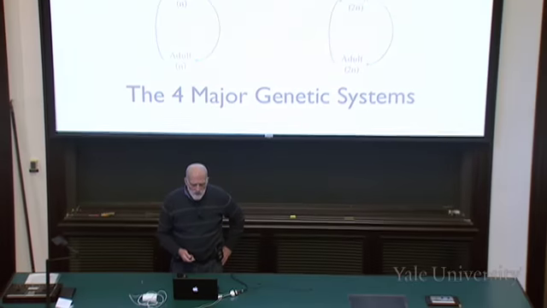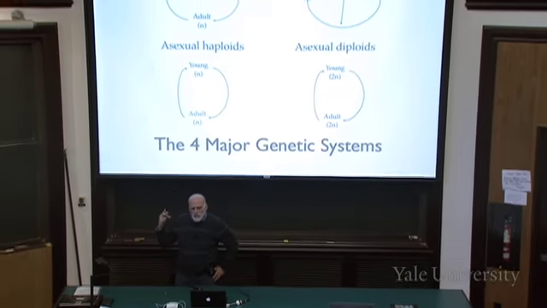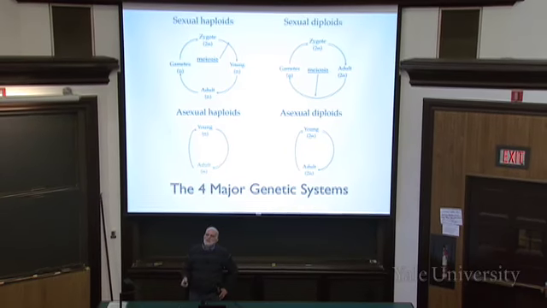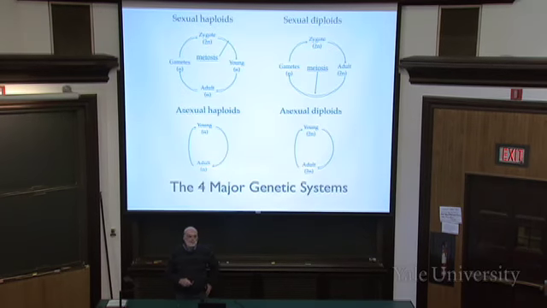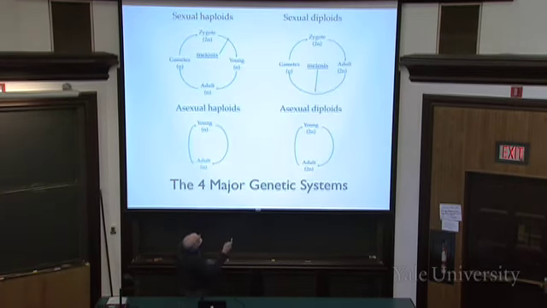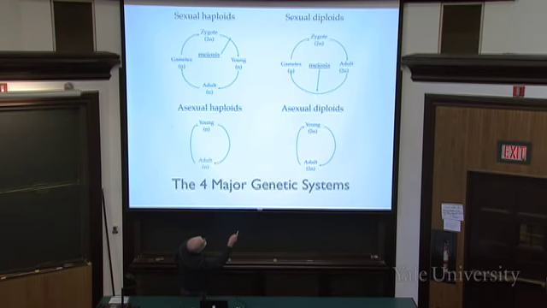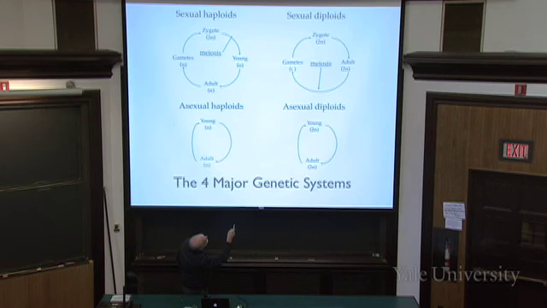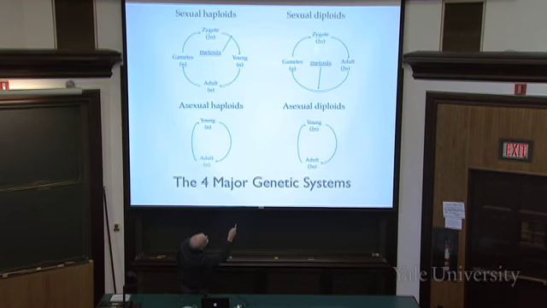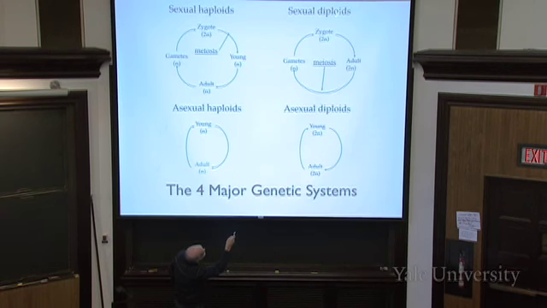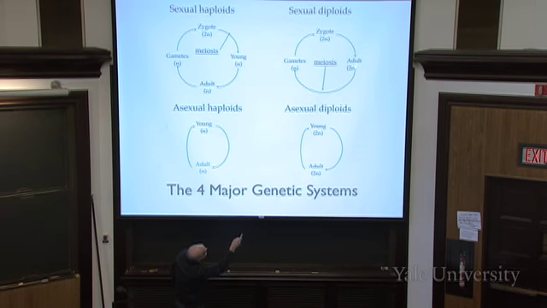Okay, so this is what's going on with these four systems. Basically, the difference between sexual haploids and sexual diploids is the point in the life cycle where meiosis occurs. If the adult is diploid and meiosis occurs in gonads in the adult to produce gametes, and then the zygote forms, develops so that all of the cells in the developing organism are diploid, you get the diploid cycle.